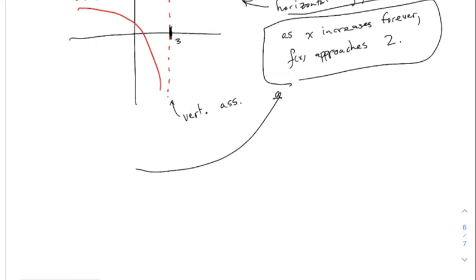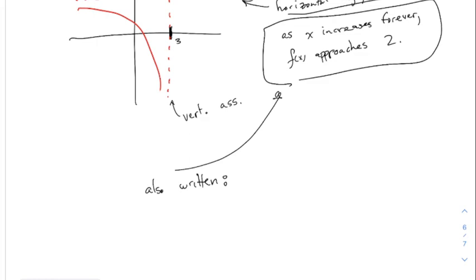This can also be written like a limit. When I say approaching, it kind of sounds like I'm talking about a limit of something.